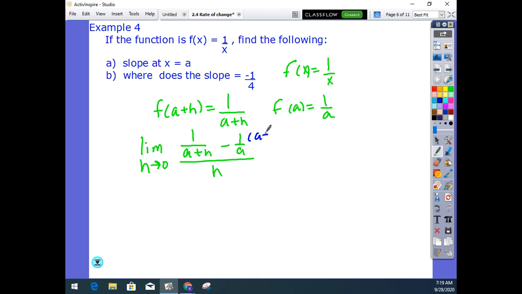So I'm going to multiply top and bottom of this by a plus h because it's missing the a plus h. I'm going to multiply this top and bottom by a. I have to carry down the limit as h approaches 0 of a over, I'm just going to leave this in factored form, minus.